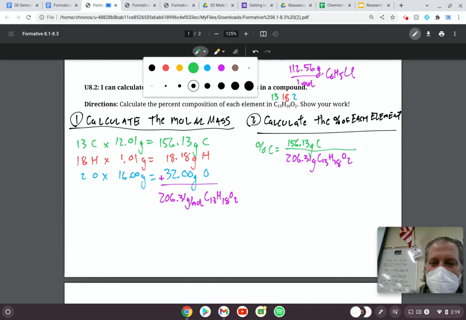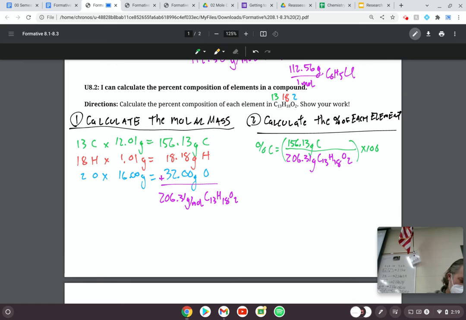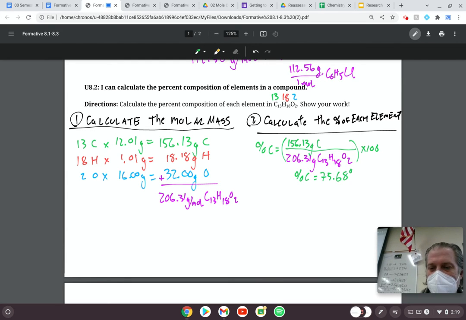And then again, that is going to be times 100. So 156.13 divided by 206.31, and then multiplying it times 100, you're going to get a percent carbon of 75.68%.